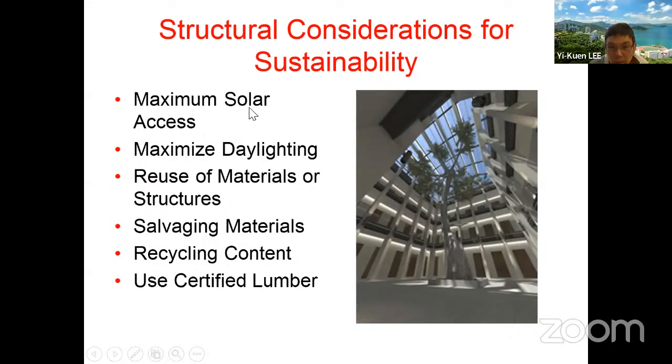Then we have to think about another issue, which is very common now. When we think about new building design, we think about green building design or smart green building, and zero carbon emission. This has become very critical now.